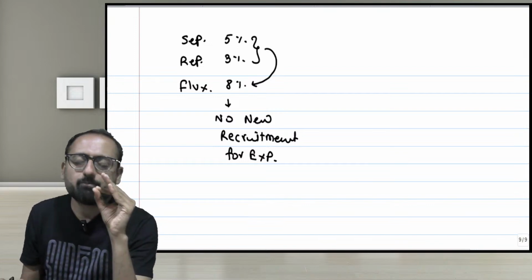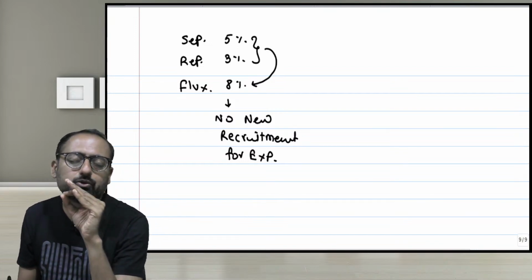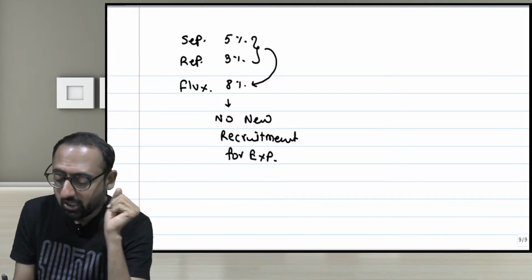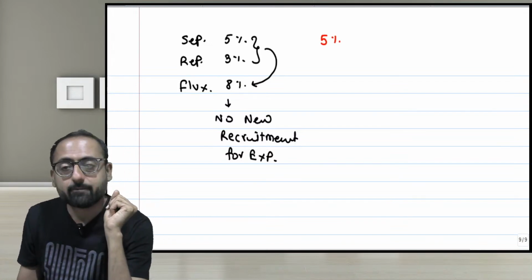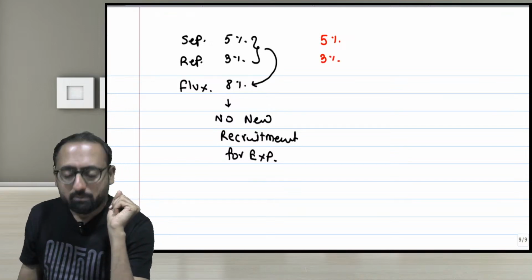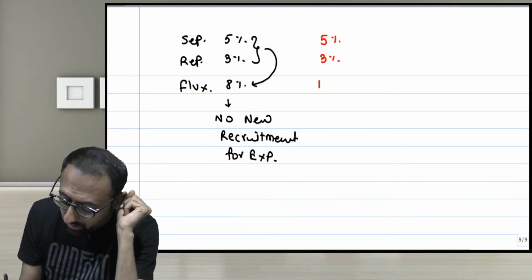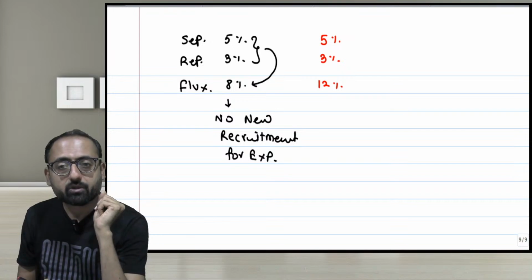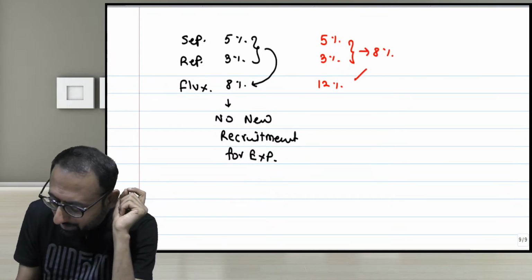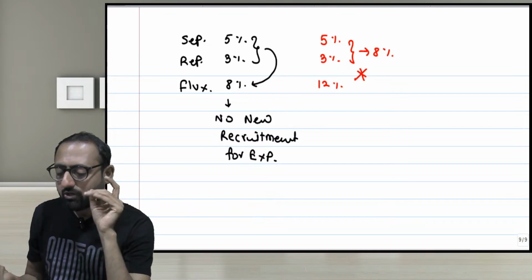But I am giving you a very important observation. Most of the students don't know this. Number of workers separated is 5%. Number of workers replaced given in the question is 3%. But under the flux method, sir, 12% is given. Now 5 plus 3 is equal to 8%, and 8% is not equal to 12%.